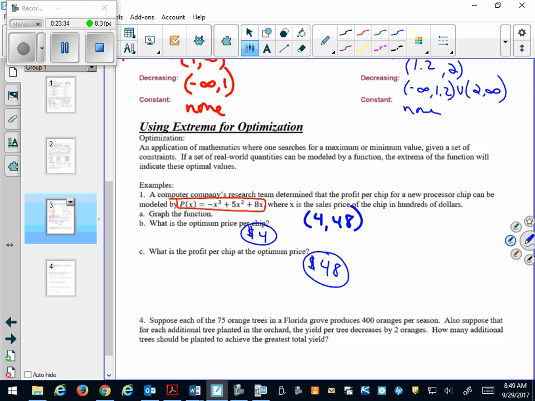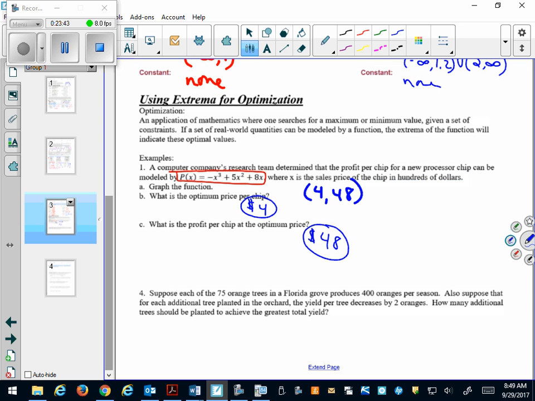Because they're telling you at that price point, your profit will be $48. Yes. (4, 48) is the max. And so the price per chip that maximizes your profit is the $4.